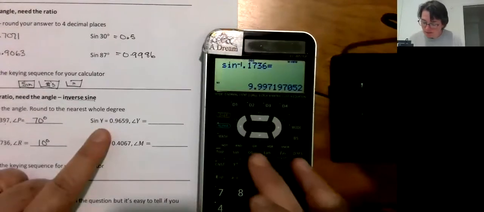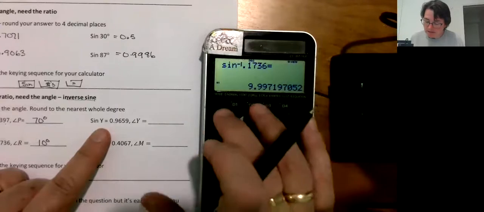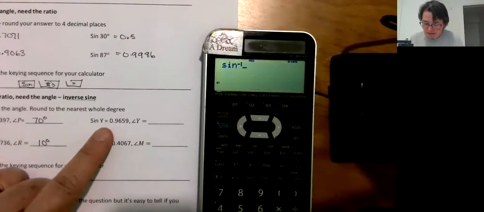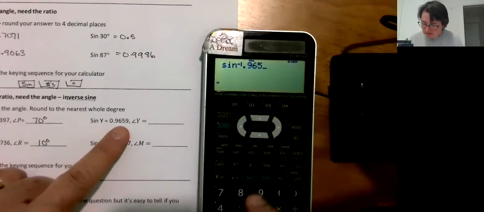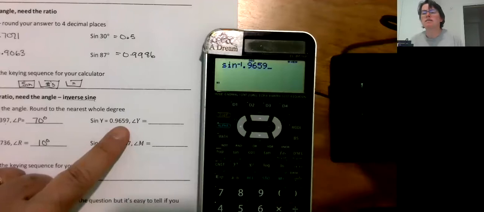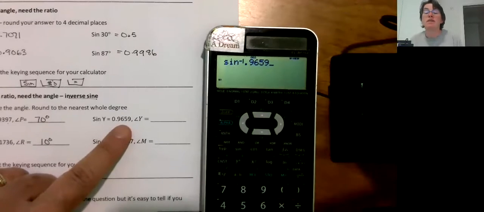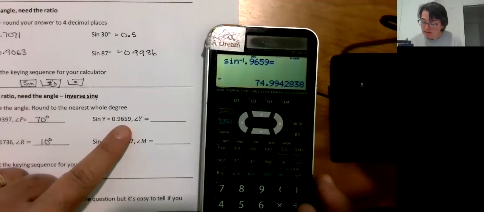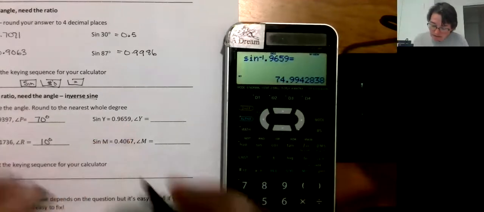All right, sine y. So to find angle y, I go second sine, punch it in, 0.9659. If you're wondering why I'm not punching the 0, it's not necessary, but if you want to, enjoy. It gives you the same answer. Boom, 74.99. So that's 75 degrees.